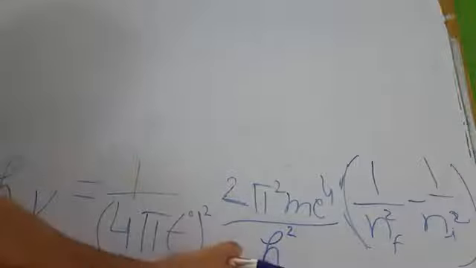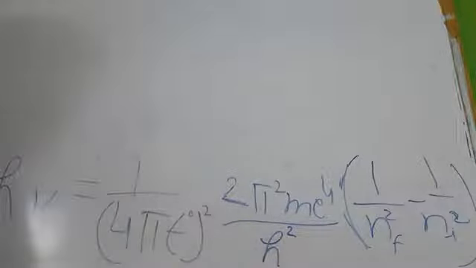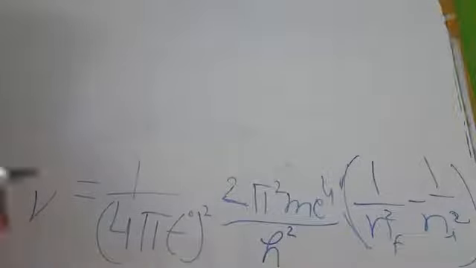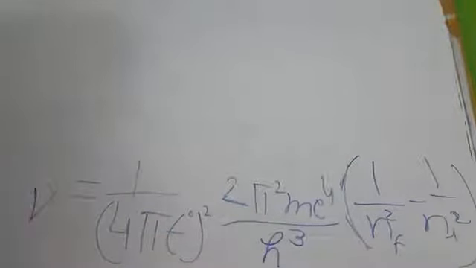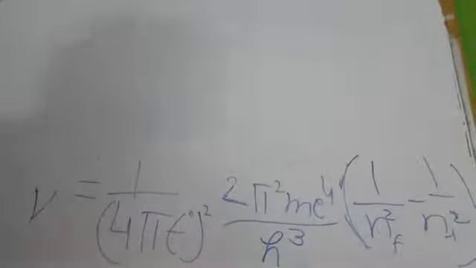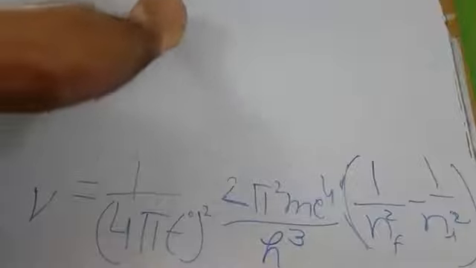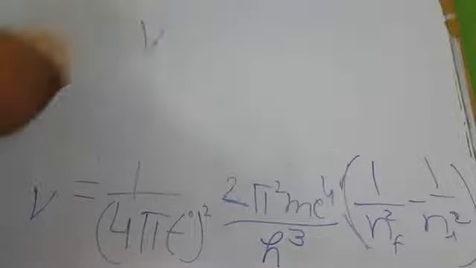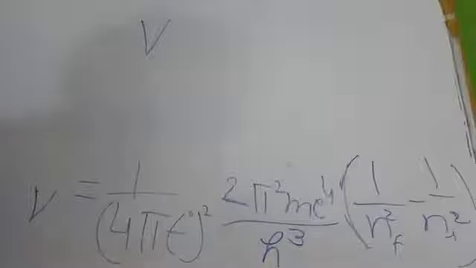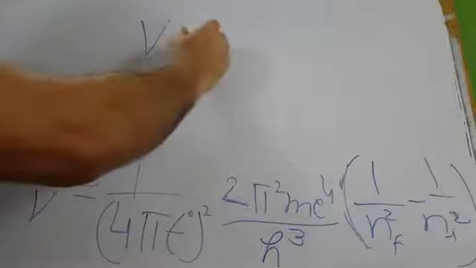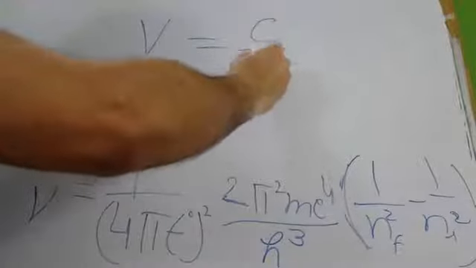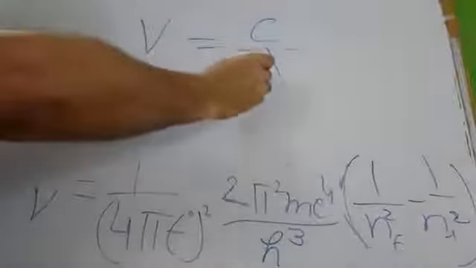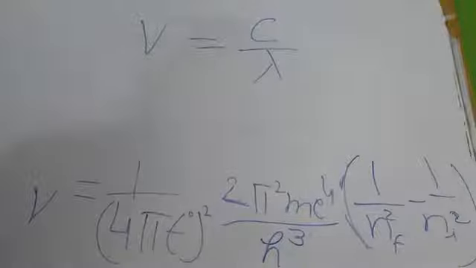If h goes to this side, it would remain nu, and it is h cube. Nu is the frequency of electromagnetic wave, which is equal to, you know that, c upon lambda, where lambda is the wavelength and c is the speed of light.